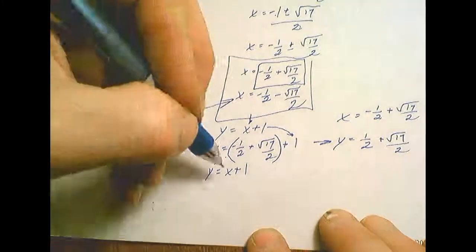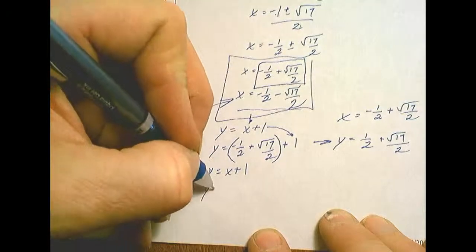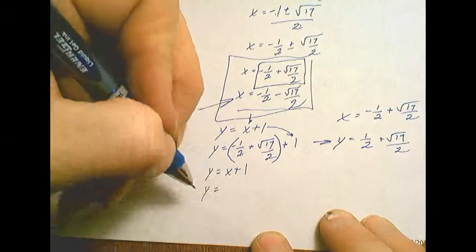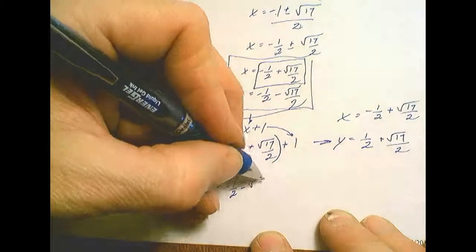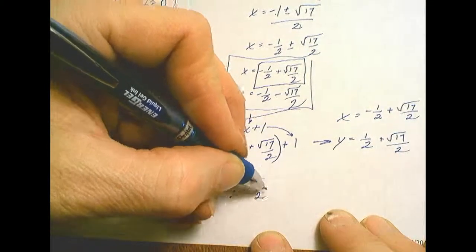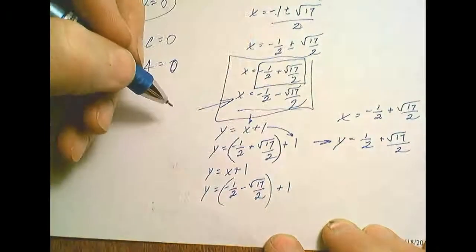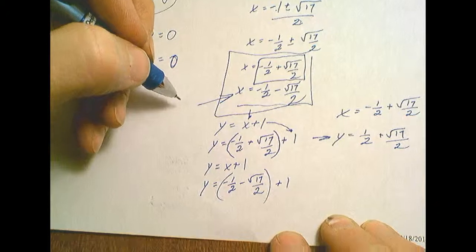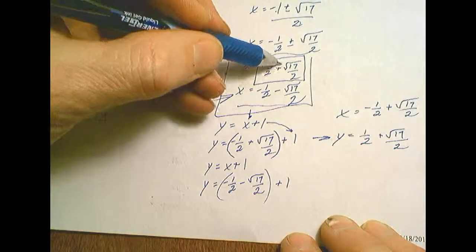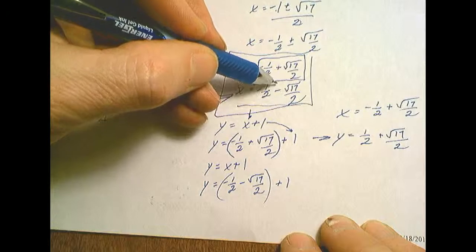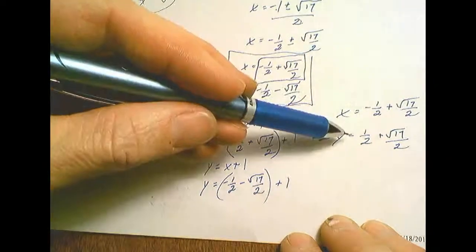Now when I see an x, I'm going to put this equation in its place. So y equals -1/2 minus the square root of 17 over 2, plus 1. Nothing has changed. The only difference between this problem and this problem is there's a plus sign here and a minus sign here. When I use the plus sign, this is what I got for my y value.